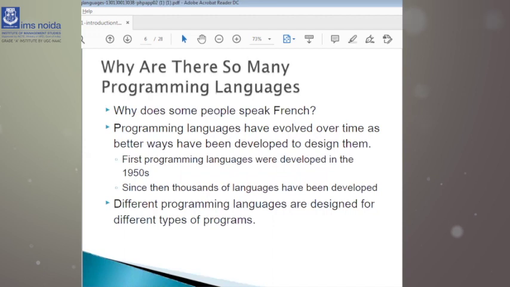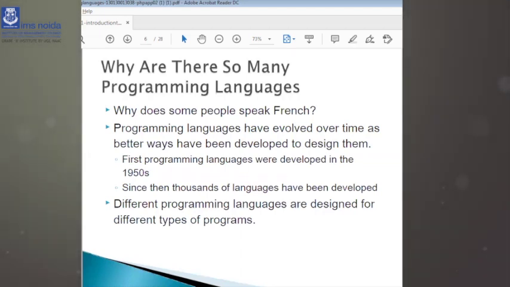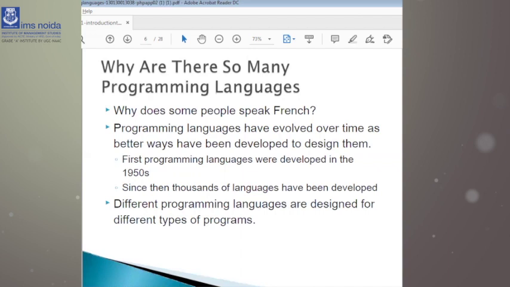Like human interface languages, English has a predefined grammar which needs to be followed to write English statements in a correct way. Likewise, why do some people speak French? Most of the human interface languages like Spanish, like Hindi, like in India, there are multiple languages where people understand their regional languages, right?